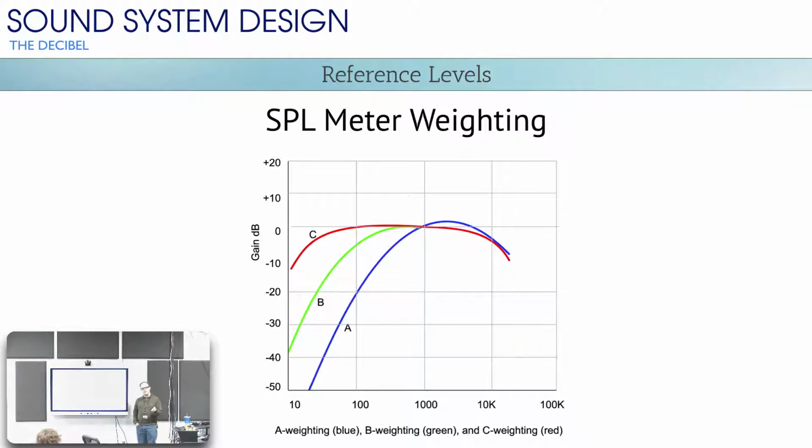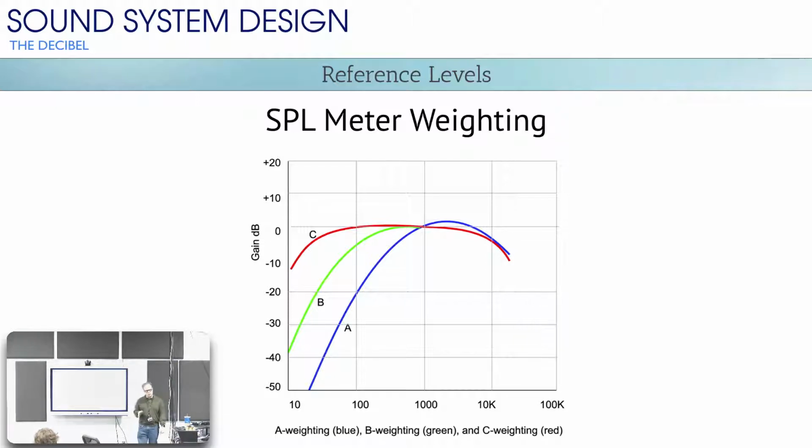What I'm trying to get at is, in the case of the noise ordinance violation, if you go to the house of the person who's complaining and you have an SPL meter set to C weighting, by the time the sound has gotten that far away, it's not 90 dB anymore. It's quite a bit quieter, probably closer to the 60 dB SPL range.